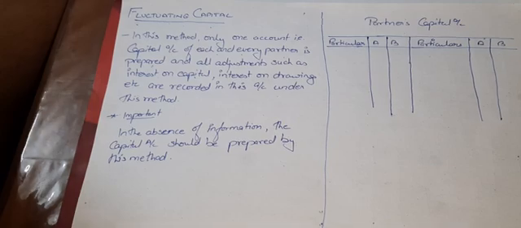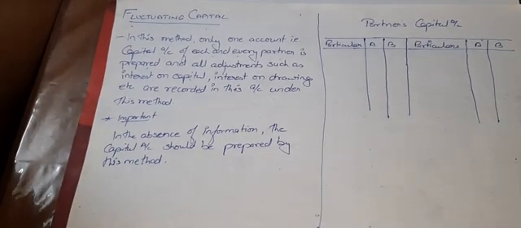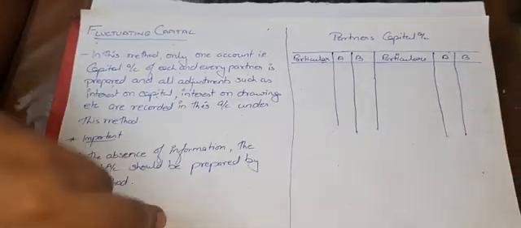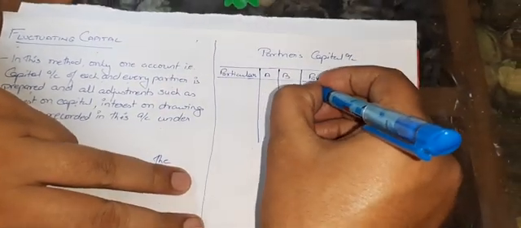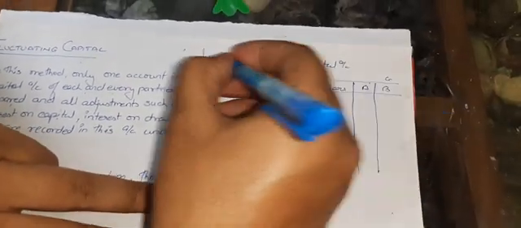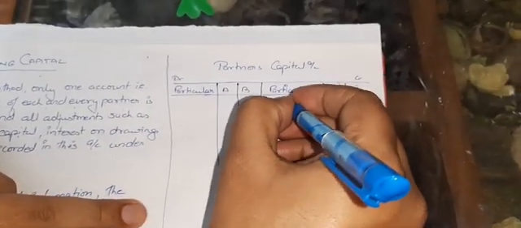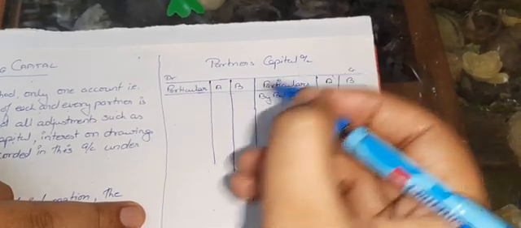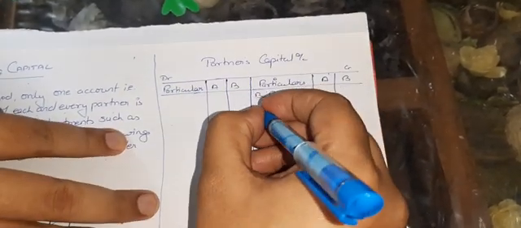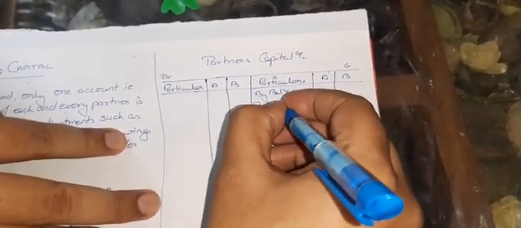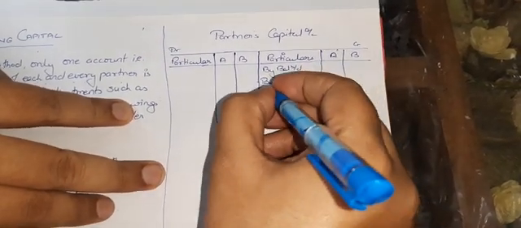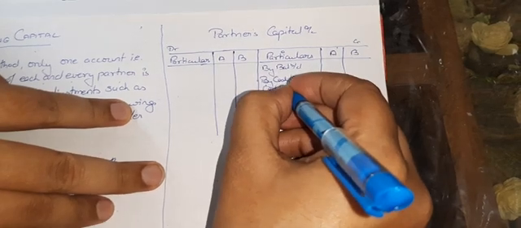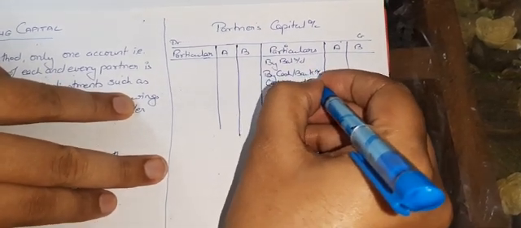Fluctuating capital account has only one account, the partner's capital account, which is a combination of the partner's capital and current account of the fixed method. First we write the balance on the credit side, by balance brought down. If you have brought additional capital, by cash or bank account, that is your additional capital.